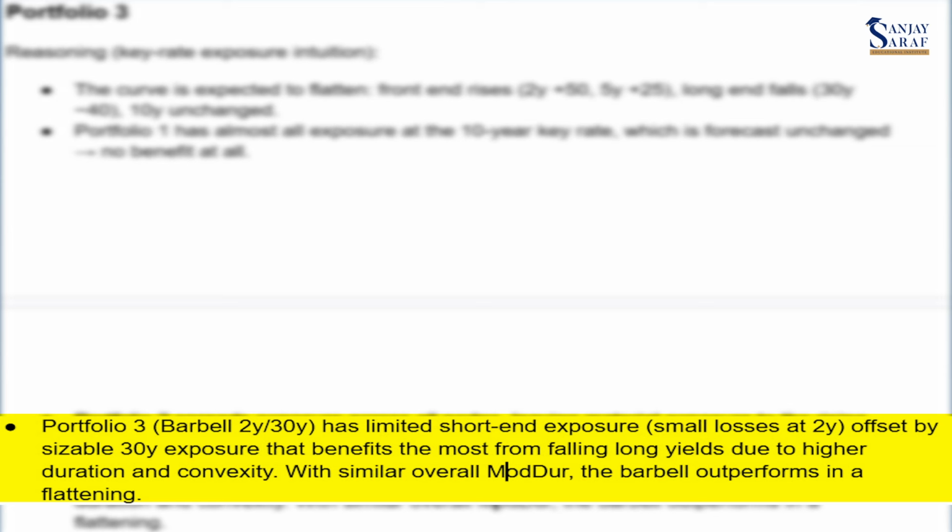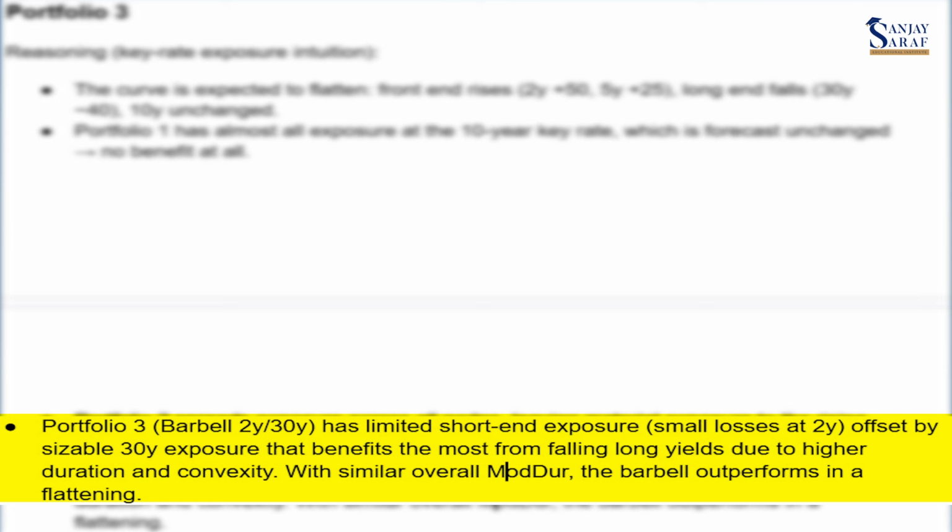So although the yield change is going to be highest in the 2-year, the duration of the 2-year is very low. So net, if you choose portfolio number 3, then the gain on account of 40% exposure to the 30-year bond far outweighs the loss on account of 50% exposure to the 2-year bond.